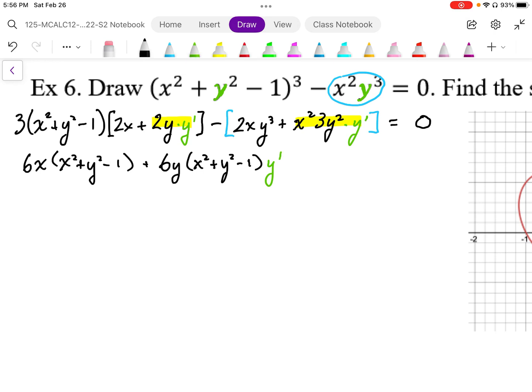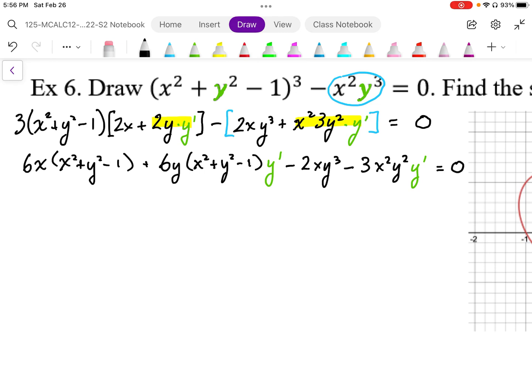Then I have minus 2xy cubed minus 3x squared y squared times y prime, and that's going to be equal to 0.